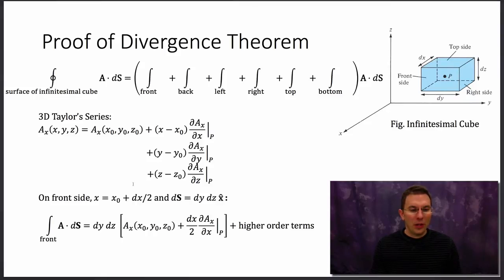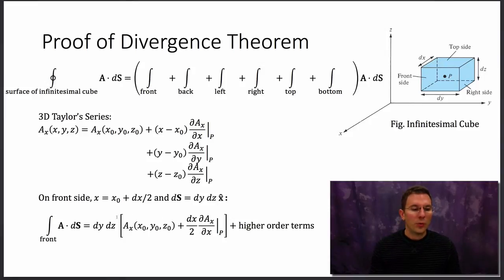Using this Taylor series, we can say the flux through the front side right here, if you'll notice, the only component that's going to survive this dot product A dot dS is just the x component of A, through that surface. That's the only component along the x direction. The y and the z, of course, dot to 0 along that surface.